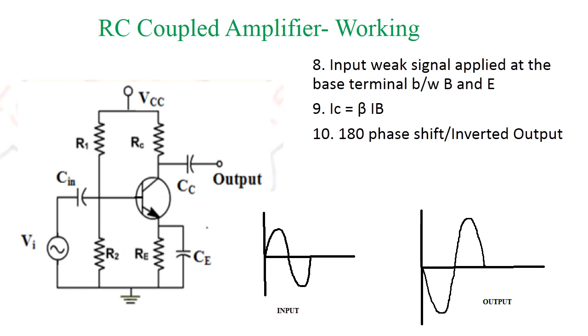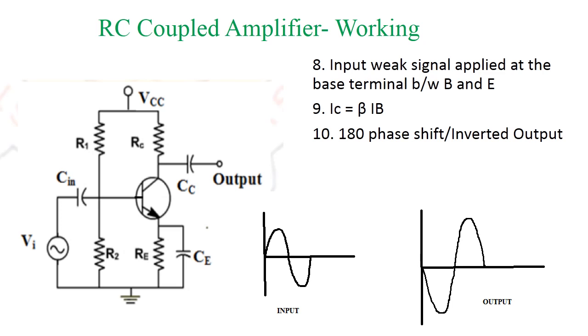and also there will be 180-degree phase shift between the input weak signal and the output amplified signal, or we will get an inverted output only. This diagram shows the input signal and the output signal.